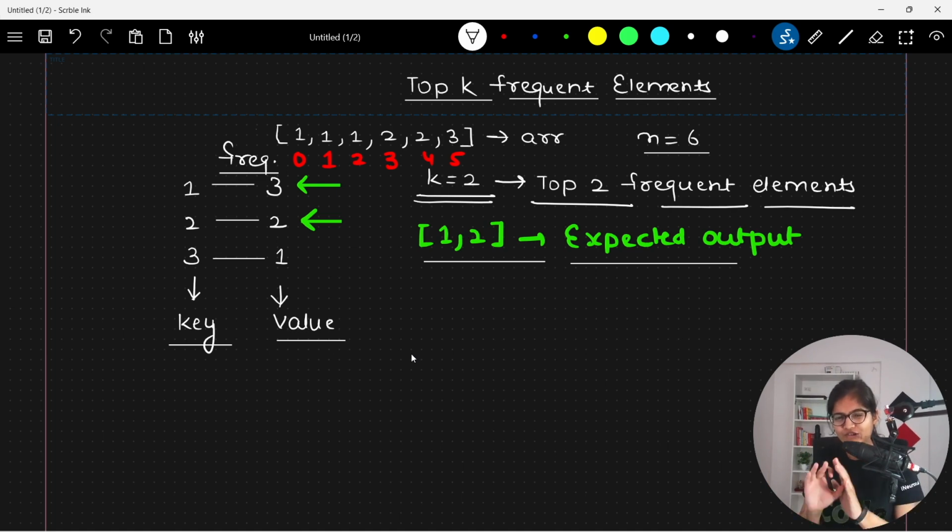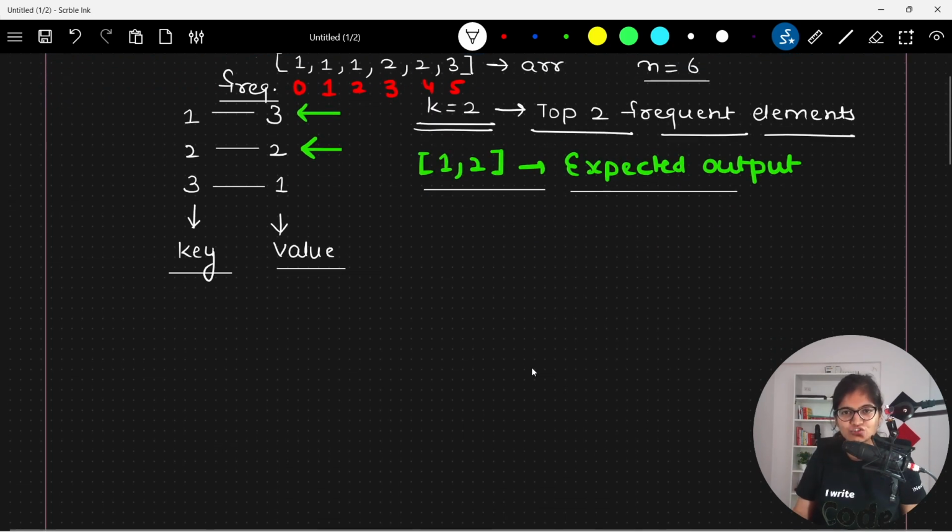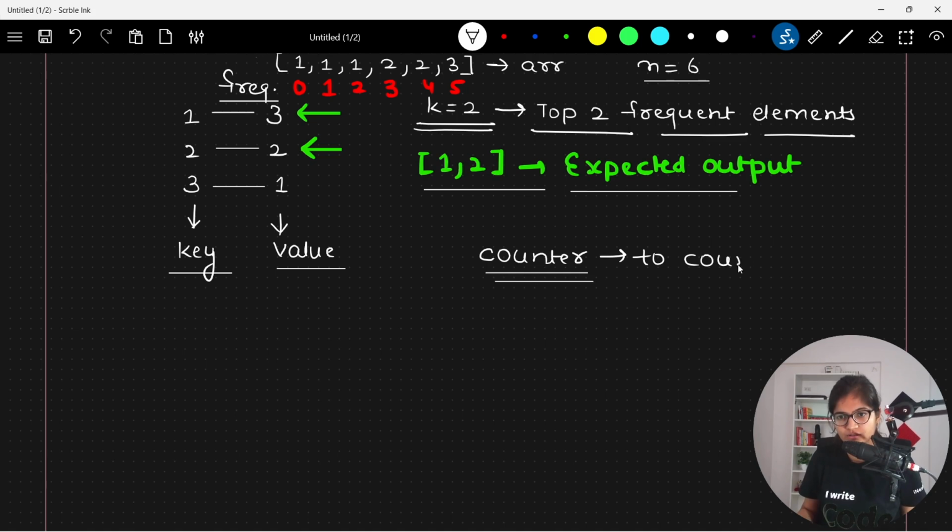Now, if you try to observe, the simple intuition behind this is that if you are already aware of one package called Counter inside the collections in Python, which is basically responsible for the same task, that is to count the frequency of each element in an array.